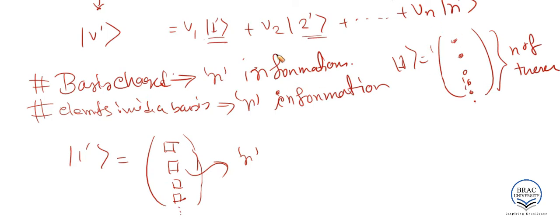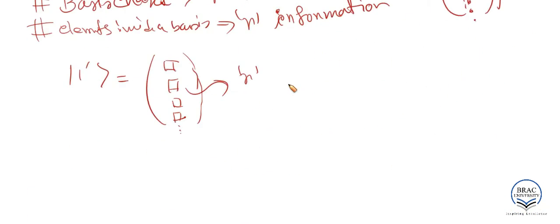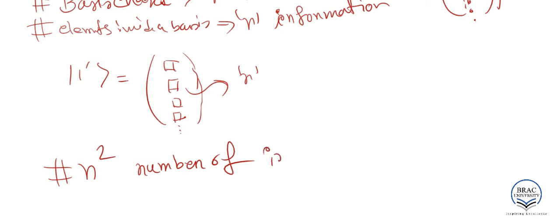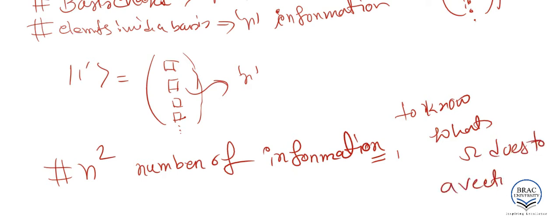So for a finite n dimensional vector space, you actually need n square number of information to know what this omega does to a vector, right?